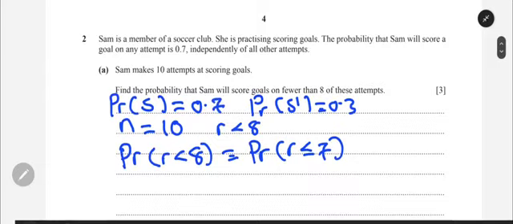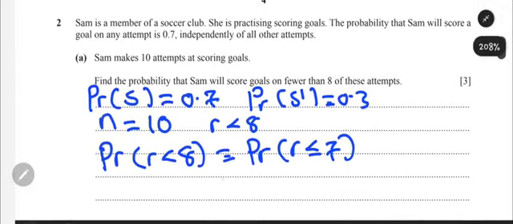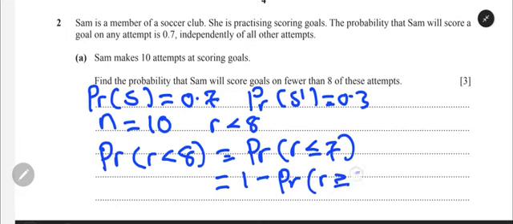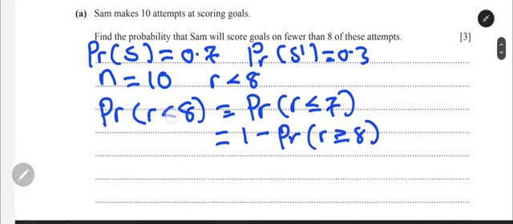This as well can be written as 1 minus the probability of r greater than or equal to 8. So that is the meaning.